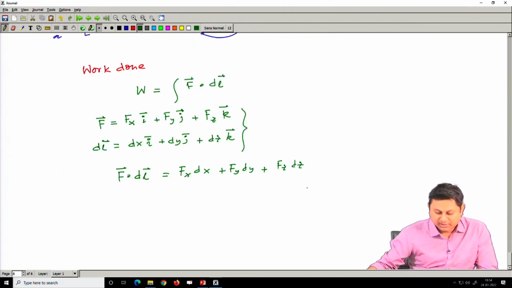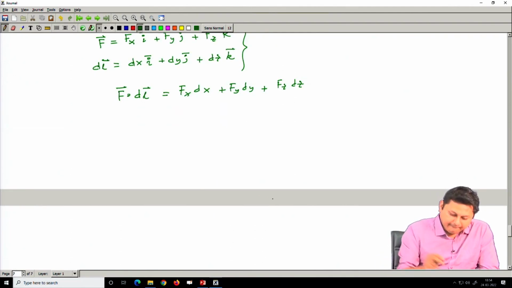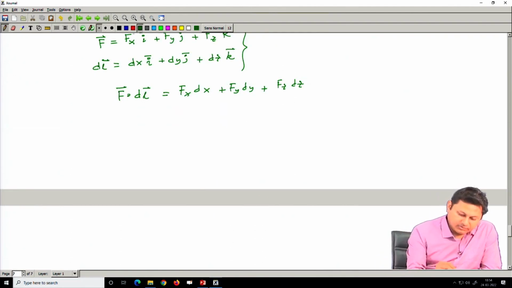Now, if I want to calculate the line integral from one point to another point, this is F dot dl.